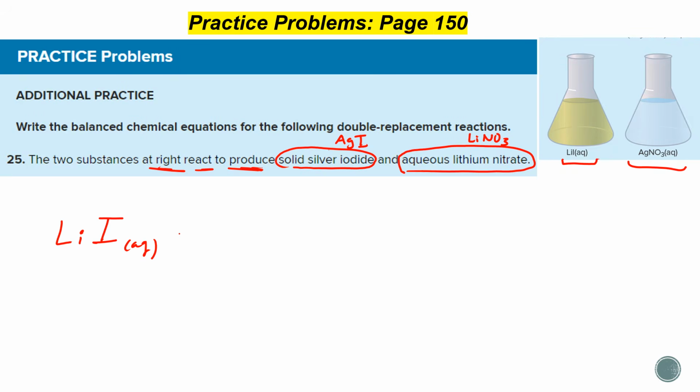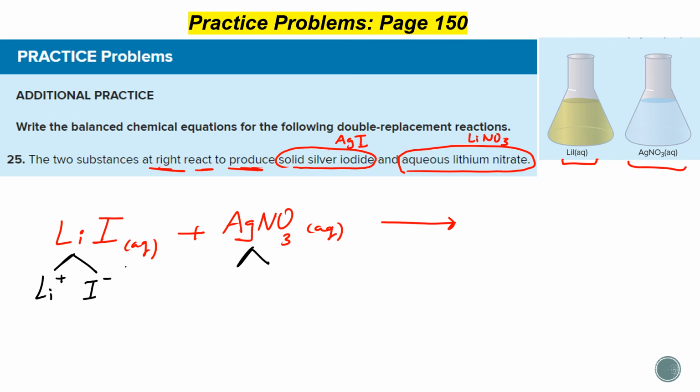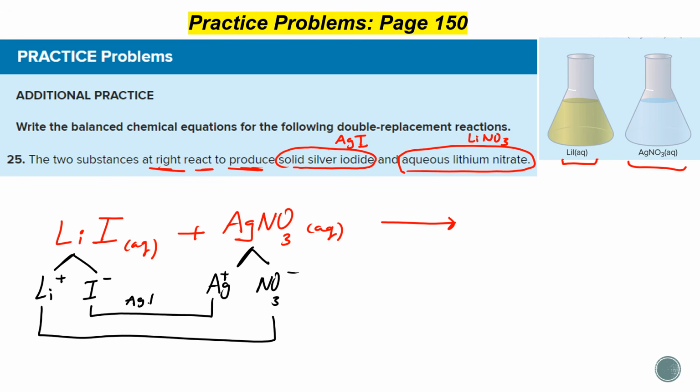So LiI(aq) plus AgNO3(aq) gives me. I told you, first of all, you need to find the ions in each one. So this is Li plus and this is I minus, because lithium is in group 1 and this is in group 17. This is Ag plus and this is NO3 minus. So positive with negative, positive with negative. So here you get AgI and here you get LiNO3, which are these, right?